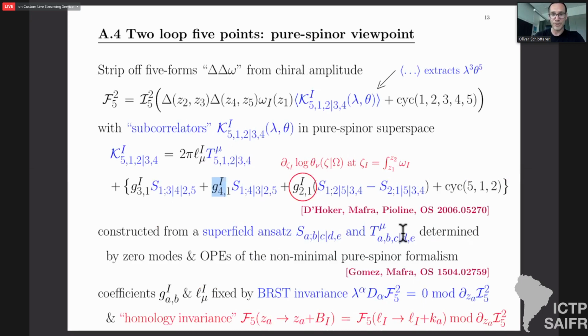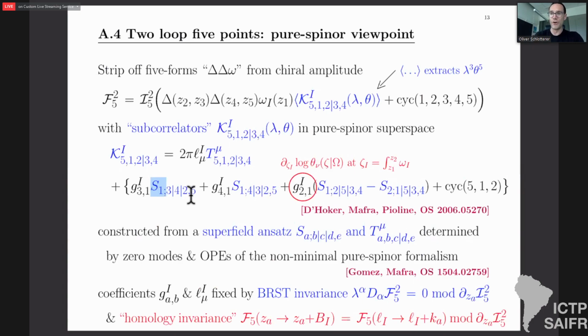Namely, by looking into the zero mode structure of the non-minimal pure spinor formalism, we can already anticipate which kind of superfields have the right to participate. So there's a vector building block T and a scalar building block S. Ask me later if you want to see it in full glory. But we can be pretty sure that everything in that chiral amplitude is some permutation of these two guys.